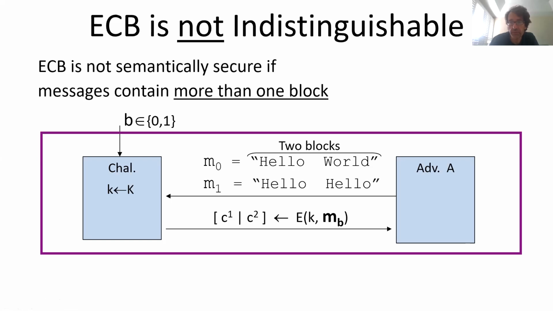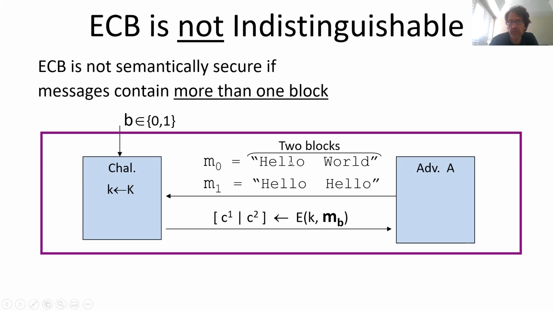Basically, the attack works when there are two blocks that are the same in one picture, so we recognize this pattern in the ciphertext, or they are different in the other picture. So here is the most basic example. Consider two messages that have only two blocks each. They need to have the same sizes, so the two challenge messages have to be equal sized. Otherwise, it's not a fair attack.